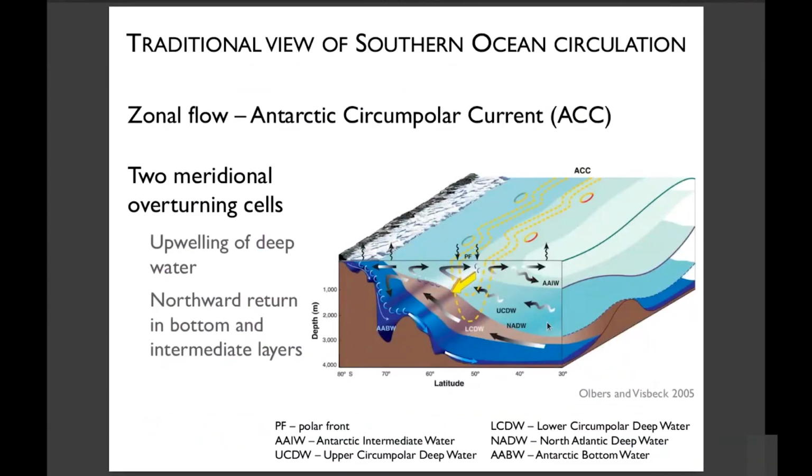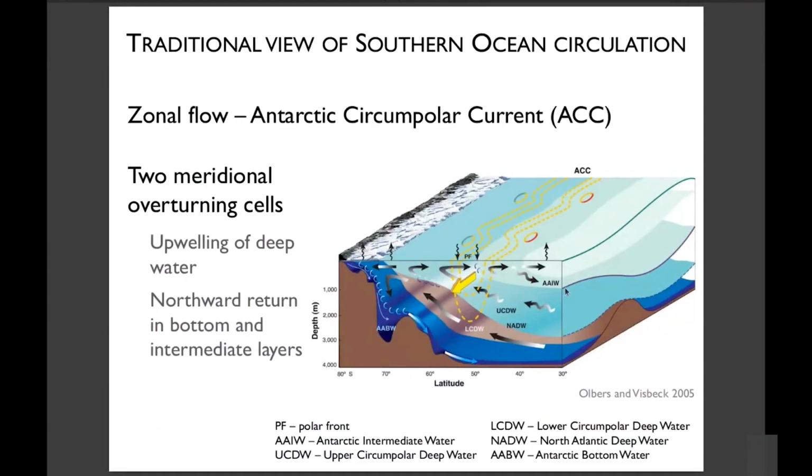So the traditional view of the Southern Ocean overturning circulation, or of the circulation in general, is that the zonal flow is dominated by the Antarctic Circumpolar Current that travels eastward around the continent like this, coming out of this page.